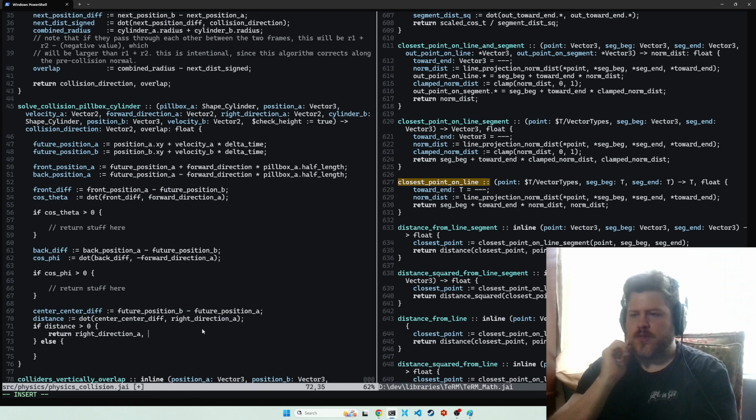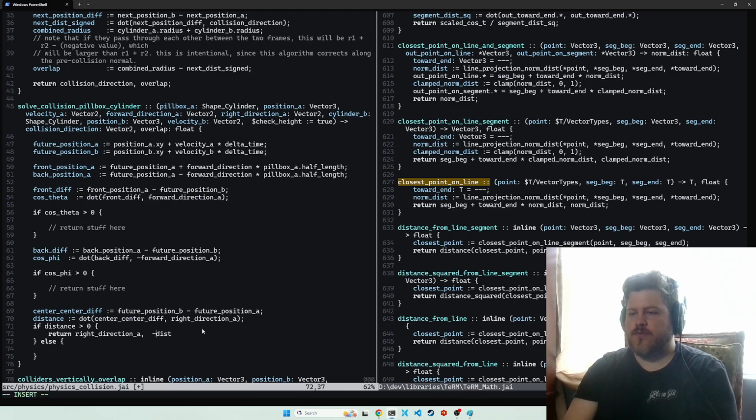right direction. And then the overlap, the amount that the two colliders overlap, is just, let's see, distance.